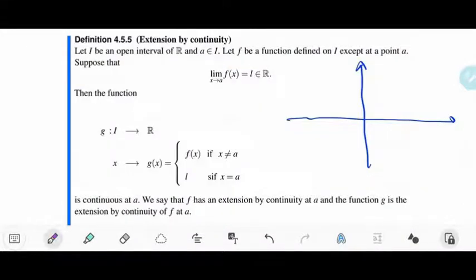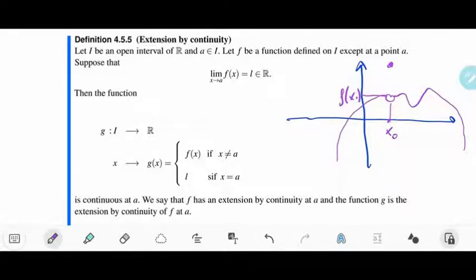Now, suppose that you have a function that is approaching a number from the left side and approaching the same number from the right side, but the image of this point is either not existing or it is somewhere else.